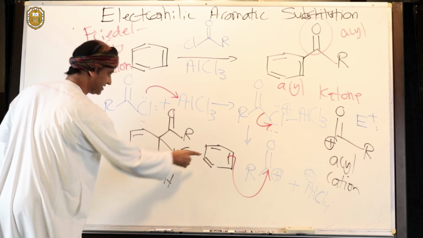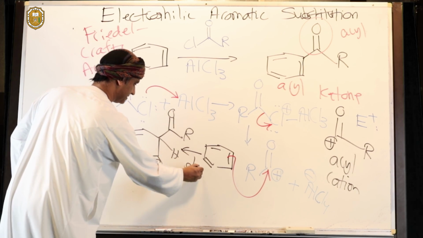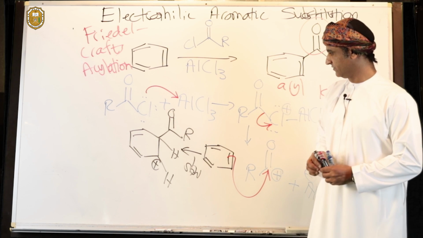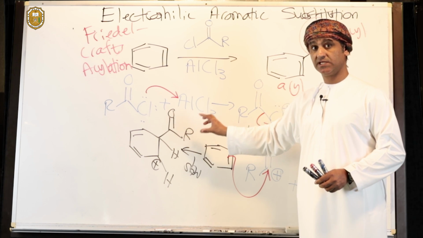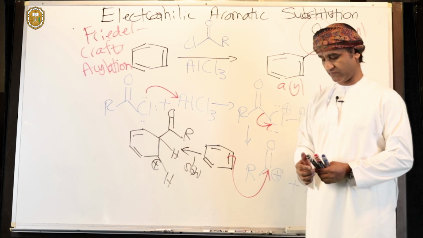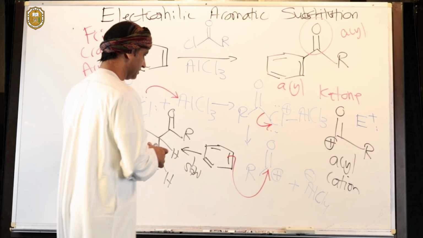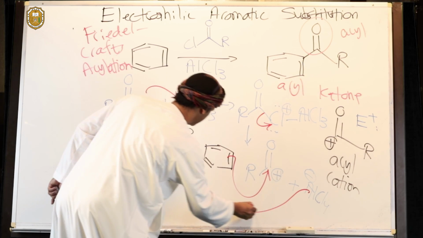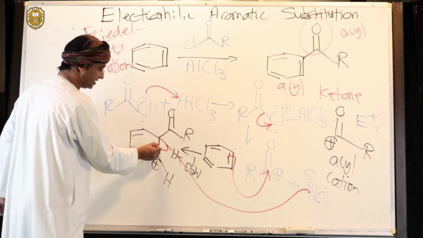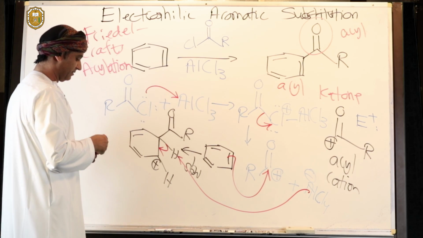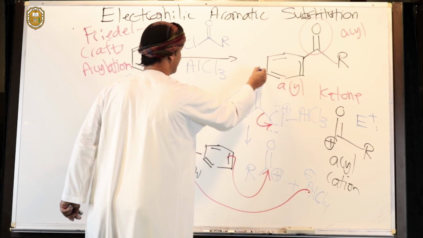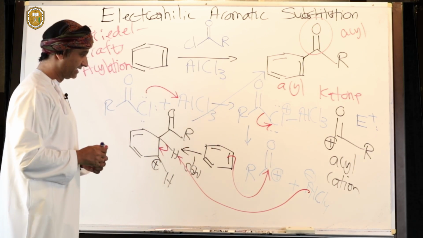As a result of this slow step, if you recall, that step is always slow, that carbon must carry a positive charge. This carbocation intermediate can quickly regain aromaticity if it loses that hydrogen in the form of a proton to a Lewis base. So that AlCl4 minus comes in, takes off this hydrogen, the carbon-hydrogen bond is broken, and a new carbon-carbon double bond is formed, and this leads to the product, the Friedel-Crafts acylation product.